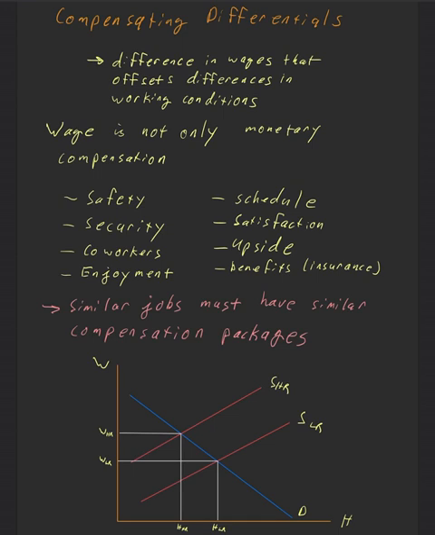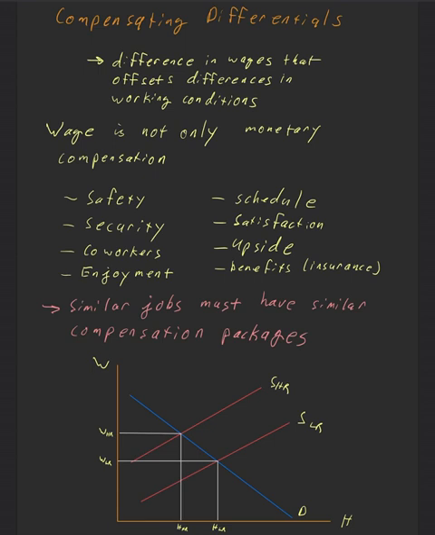The first and most obvious one is safety, right? So if I'm working a very, very dangerous job, right? We all love shows like Ice Road Truckers and Deep Sea Fishing, right? And the individuals that are fishing for crabs, for example, that's a very dangerous job, and you're going to have to pay individuals more because that consumption leisure trade-off is compounded by the safety involved.